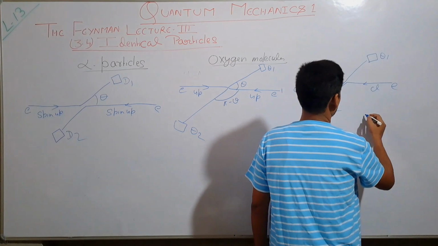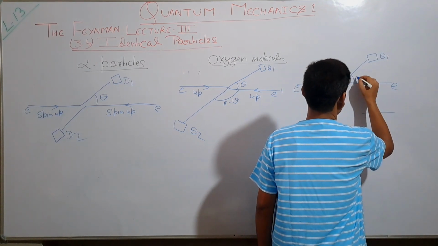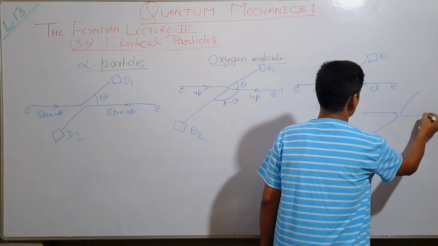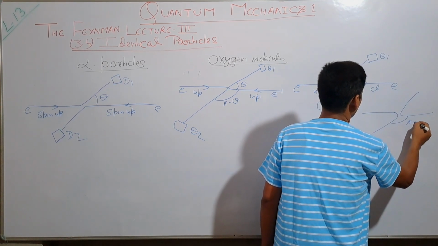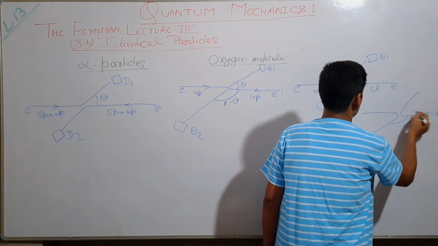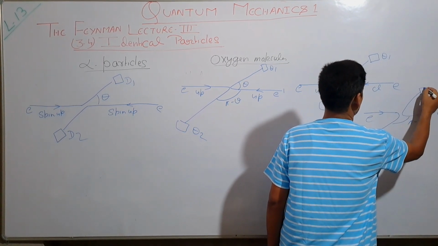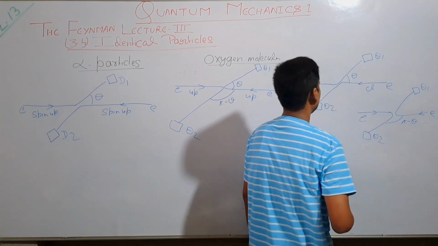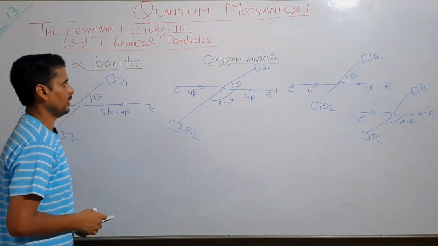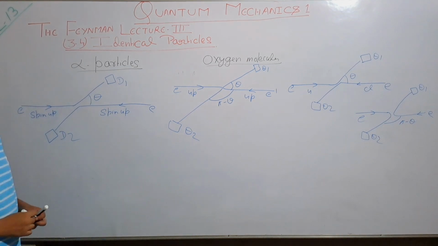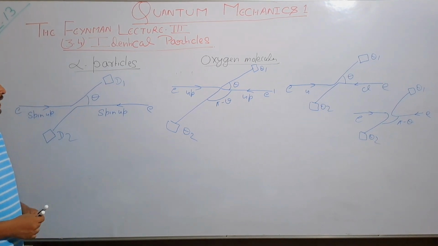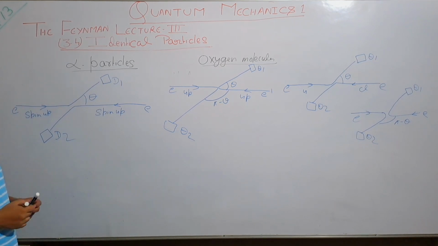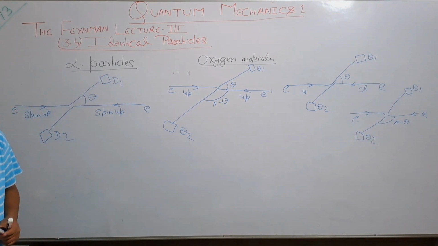Again another arrangement, the angle between these two is theta. Here f(pi minus theta). So these are the four kinds of arrangement of electron collision and four kinds of spin, spin up or spin down.